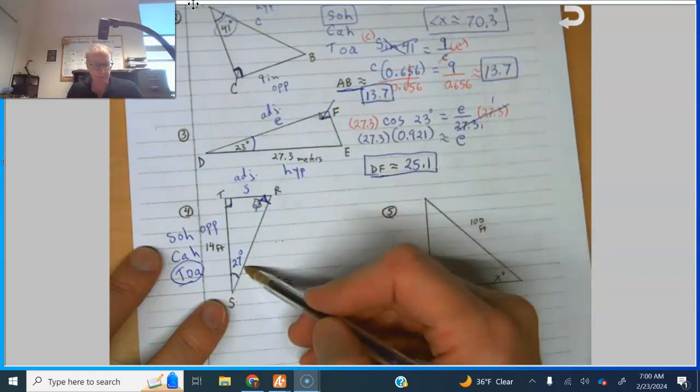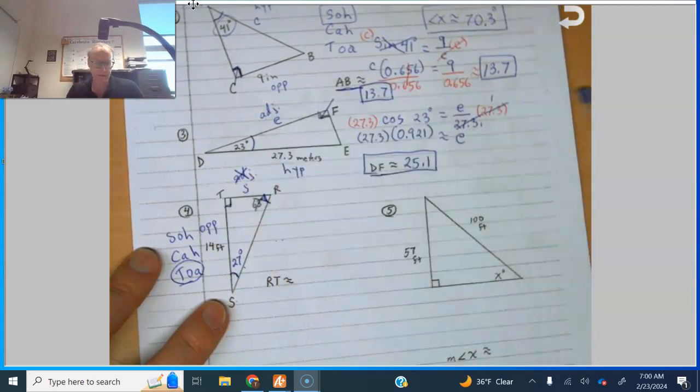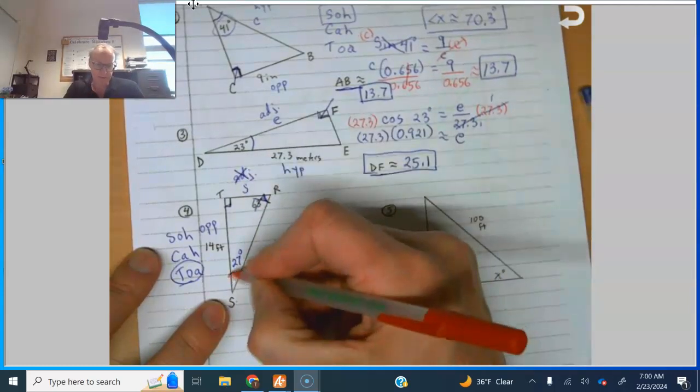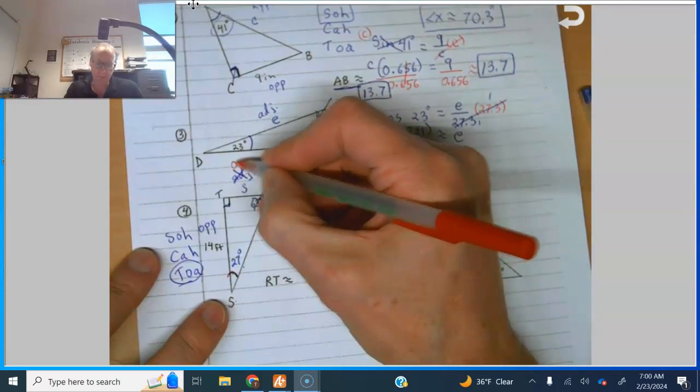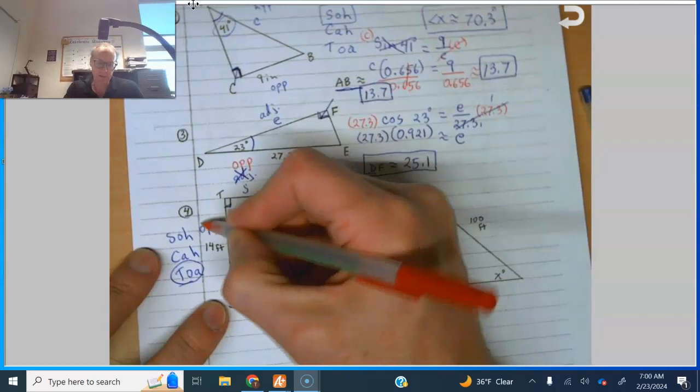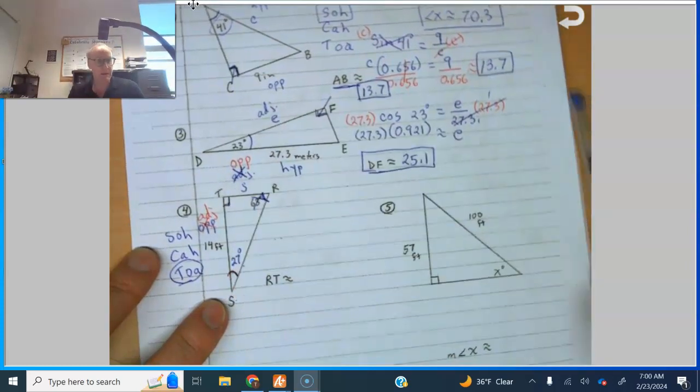I'm going to use this, and I should color code it. If this is my reference angle, this one is now the opposite, and this one is now the adjacent. Now, why would I do such a thing? Think about why.